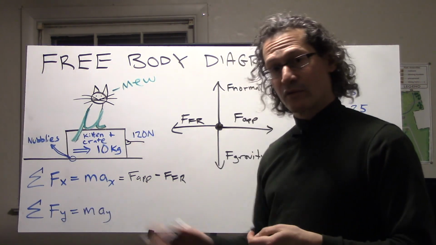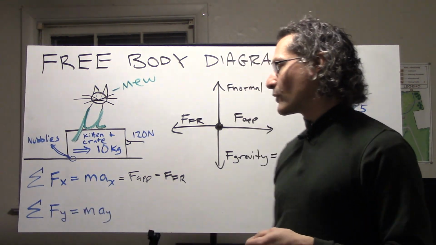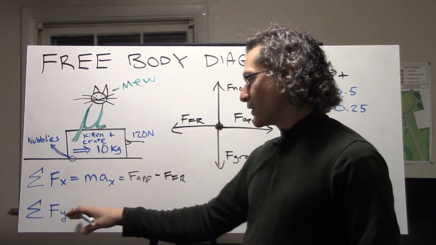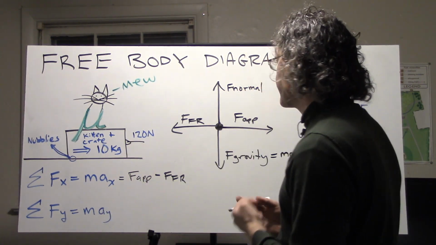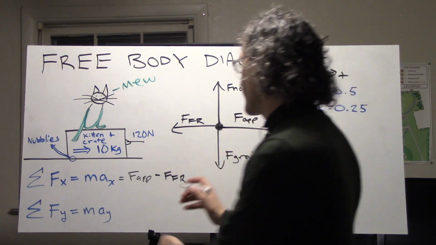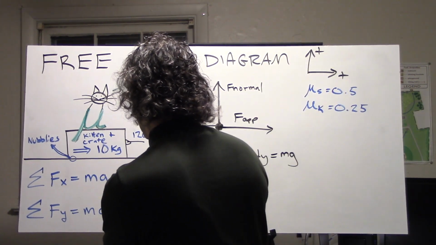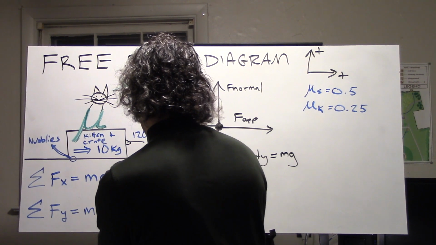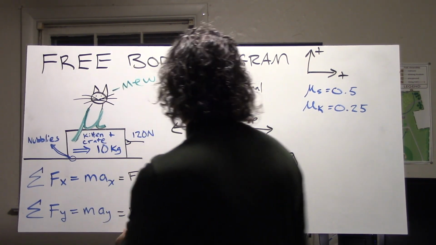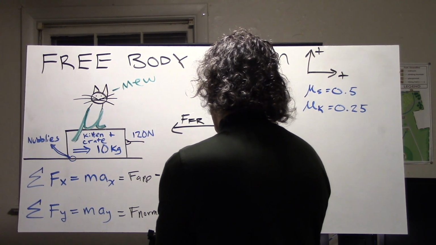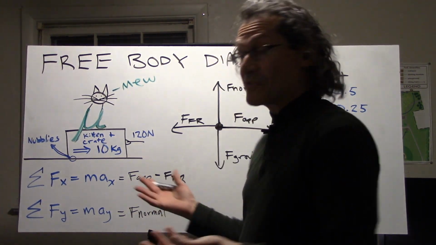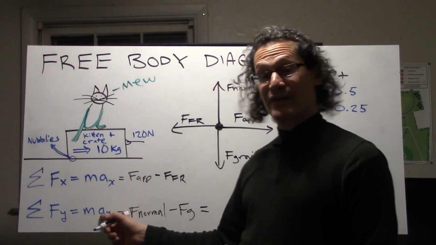When we take the vertical direction into consideration, the sum of the forces in the y direction equals mass times the acceleration in that y direction. So what we have here is, in the positive, force normal minus force of gravity, Fg. And believe it or not, if there's a normal force, well, what's the acceleration vertically?